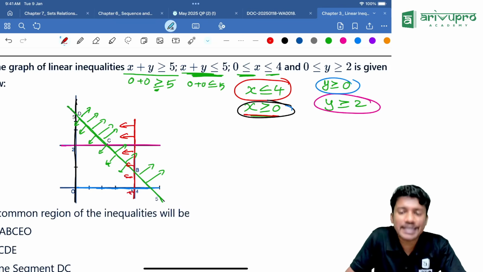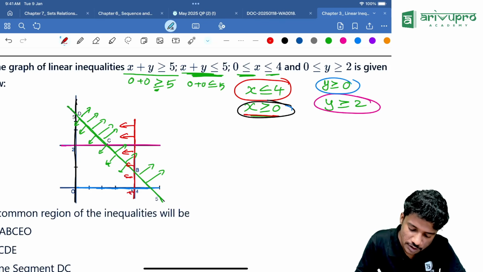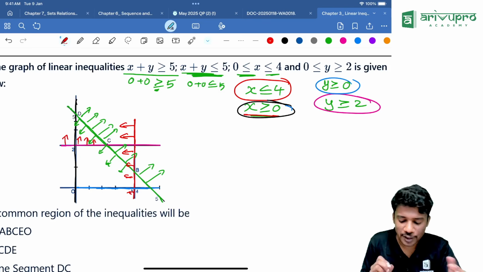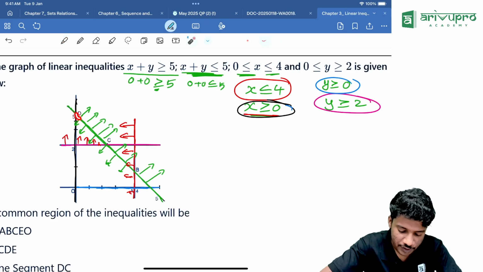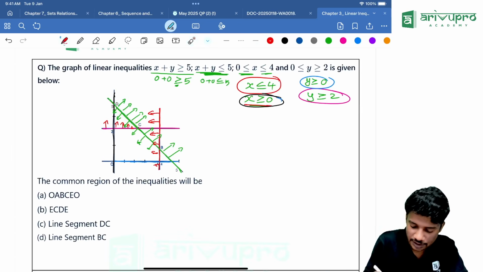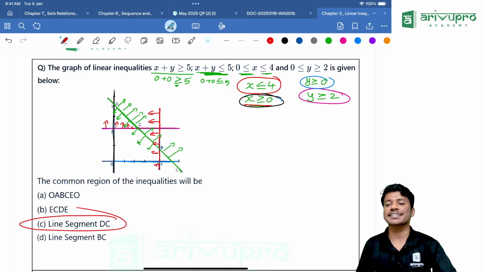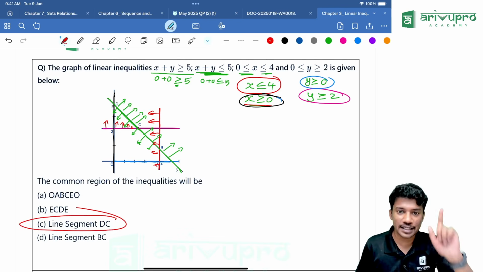Then y greater than or equal to 2 means towards which side? Towards the opposite side. That means my question is, what is the only common area between everything? This is the only common area between everything. So the answer is what? Line segment DC. Option C. Understood, people? Is that clear?